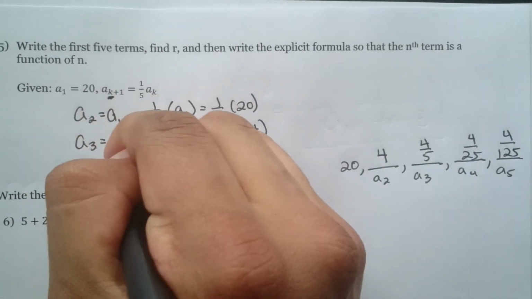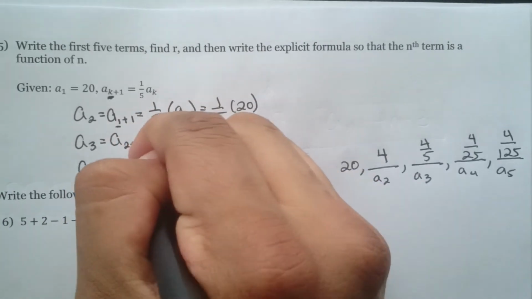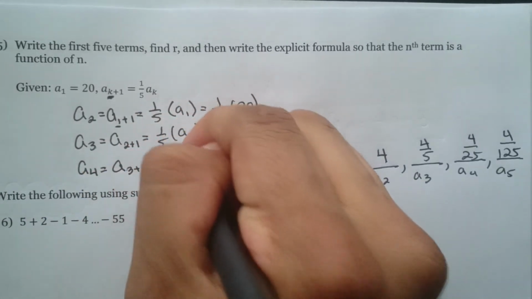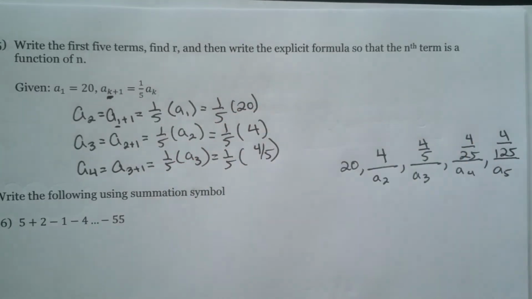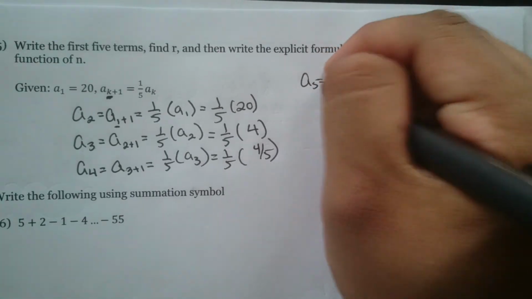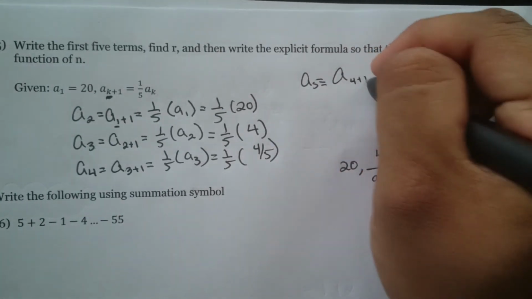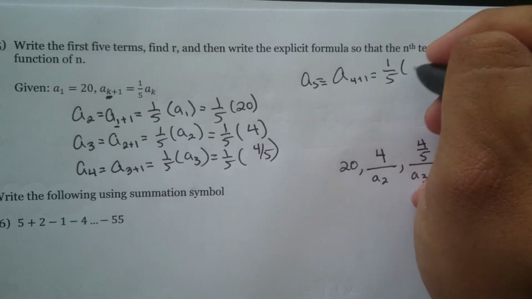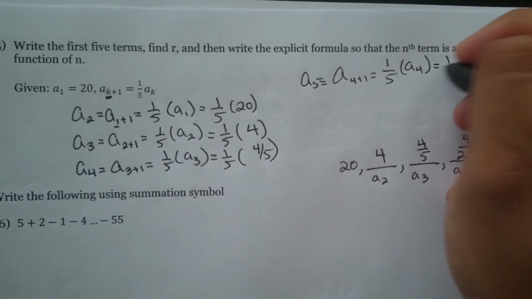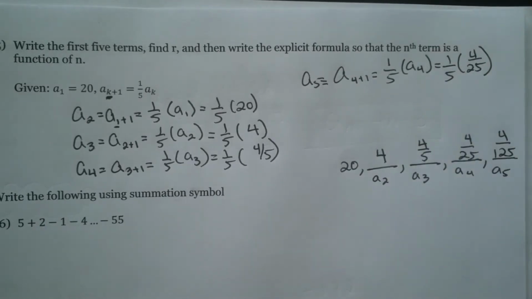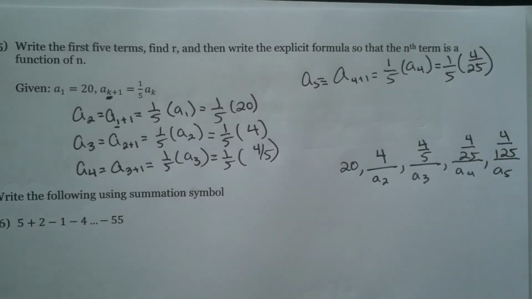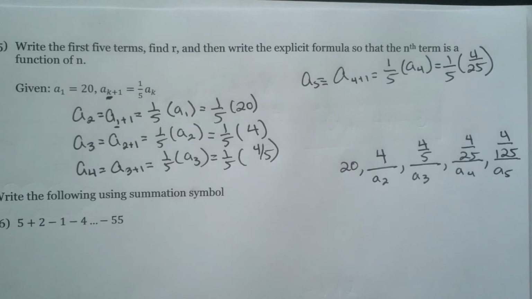So what you want to do is plug in 3 for every k that you see and get 1/5 of the previous term. To find the 5th term, you're plugging in k is 4. So you're taking 1/5 of the previous term. Again, some of these recursive formulas are a lot easier than others, but you need to understand the notation. You need to understand how to plug things in.